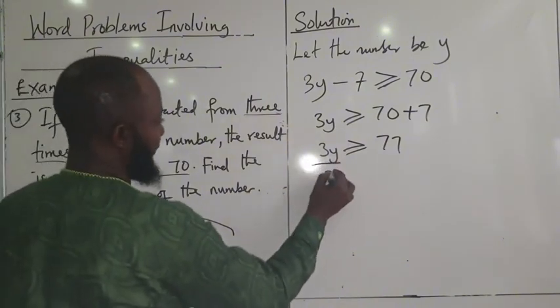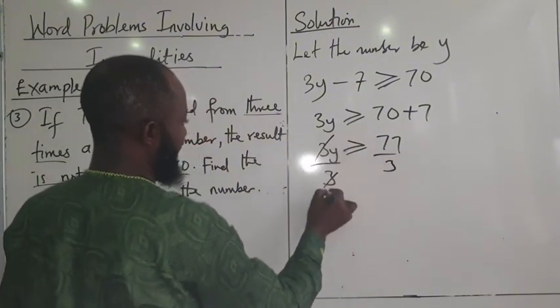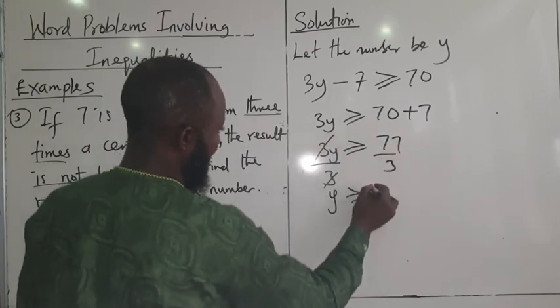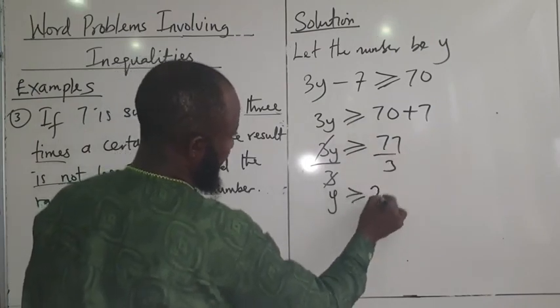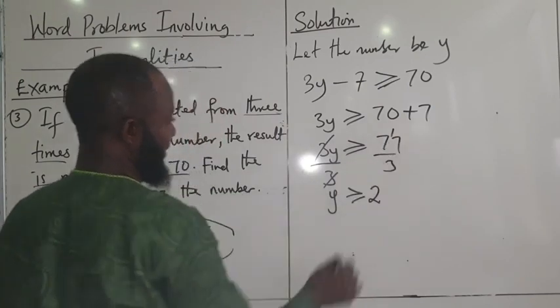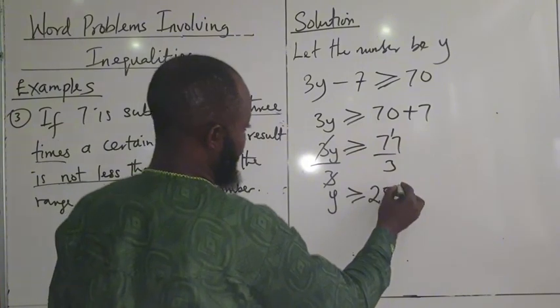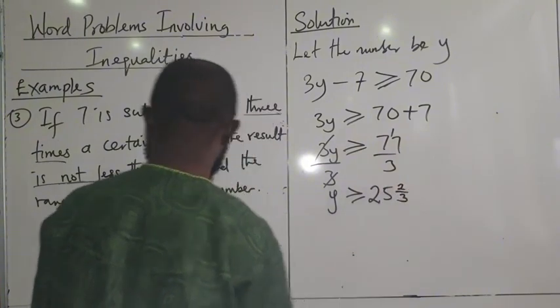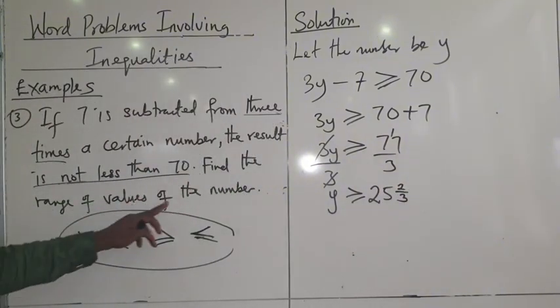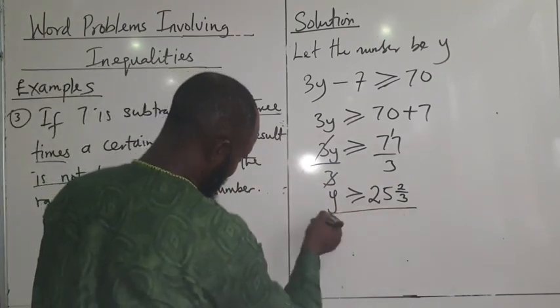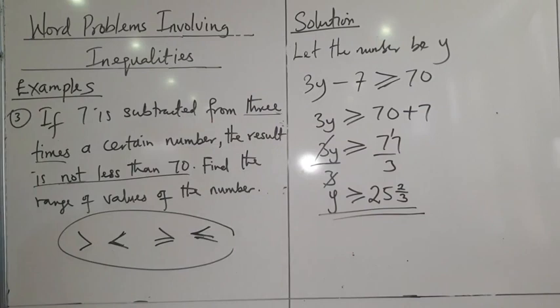So we divide both sides by 3. 3 cancels 3, so y is greater than or equal to 77 over 3. 3 in 7 is 2, remainder 1. 3 in 17 is 5, which is 15, remainder 2, all over 3. Find the range of values of the number. So the range of values of the number is this. So that is the answer. I hope this is very clear.